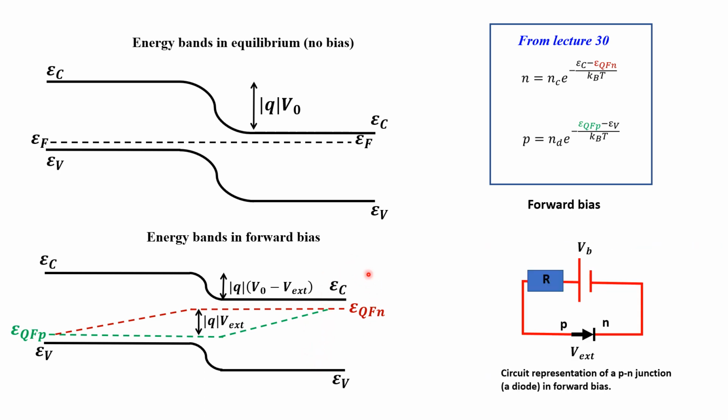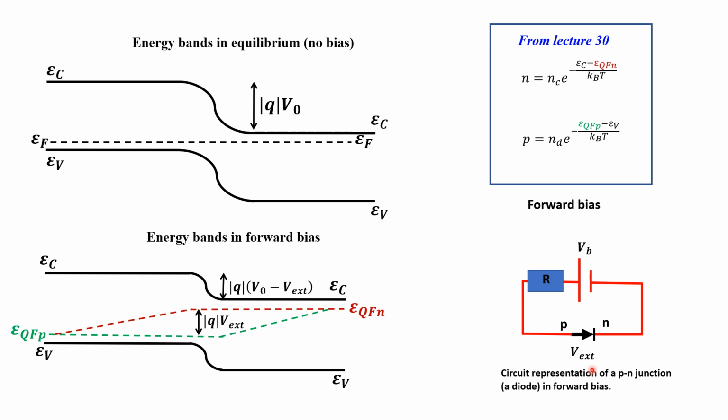Now let me say a few words about why the quasi-Fermi level on this side is higher than the quasi-Fermi level on this side by this much. So recall that this is the electron's charge and this is the external voltage, the voltage across the p-n junction. So let's suppose we have a p-n junction in forward bias configuration, and we measure the voltage across it and find it to be this number.